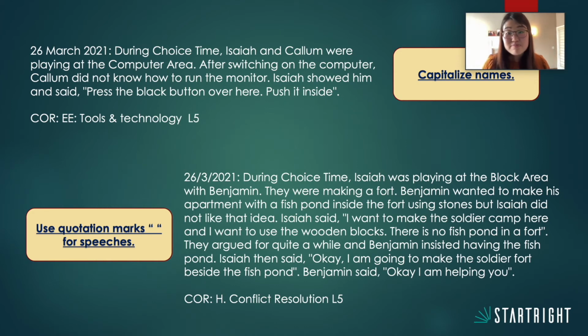One wants to build a fish pond, one wants to make a soldier camp. They argued for a while, and Benjamin insisted on having the fish pond. Isaiah then said, okay, I'm going to make the soldier fort beside the fish pond. Benjamin said, okay, I'm helping you. So they are resolving their own conflict. Okay?